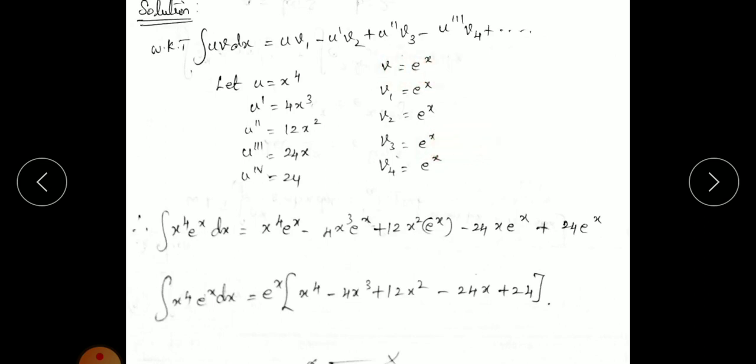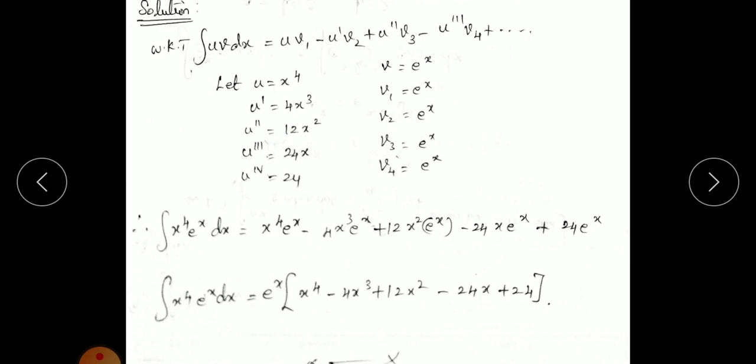U dash becomes 4 into x power 3, that is, when we differentiate x power n, we get n into x power n minus 1. So u dash is 4x cube, u double dash is 12x squared, u triple dash is 24x, and u power 4 is 24. Likewise v1, v2, v3, v4, everything after integration will be e power x only.